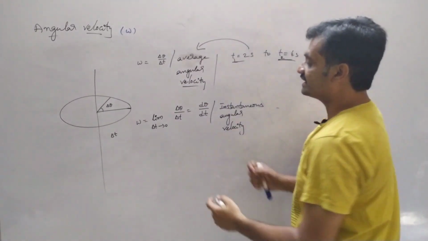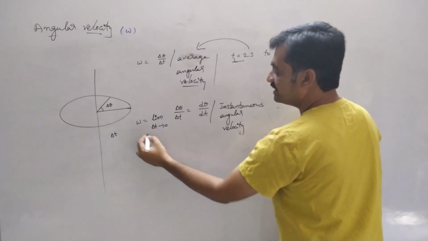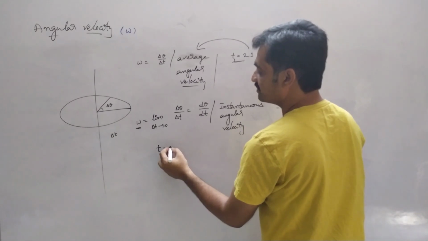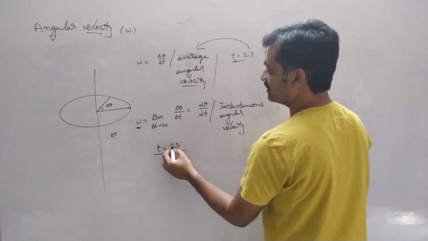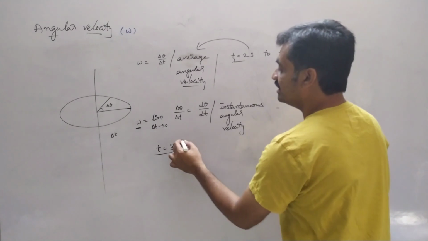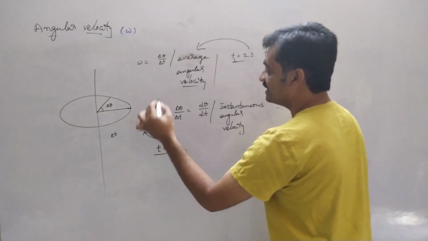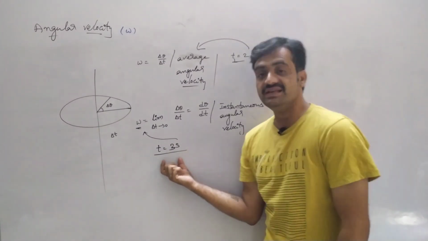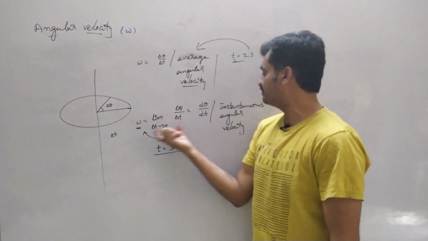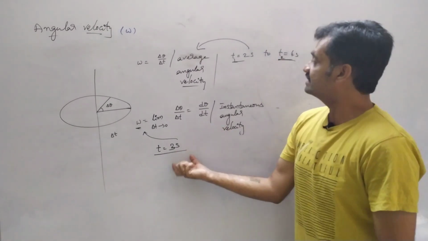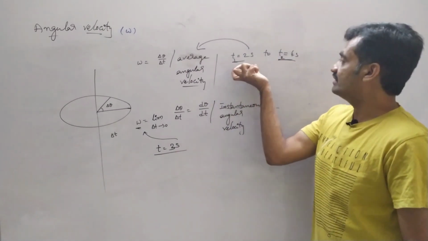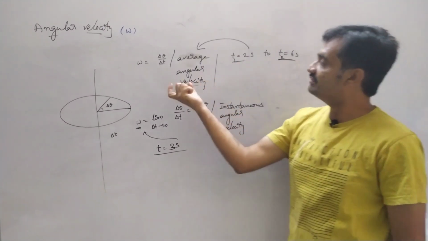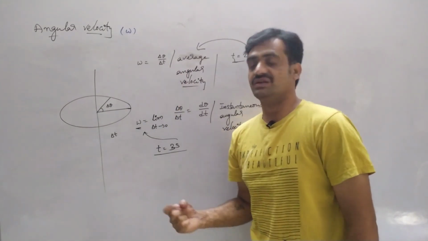Suppose a single time is given, for example find the angular velocity when the body is changing its angular displacement at t equals 2 seconds or t equals 3 seconds, then we use instantaneous angular velocity. Once again, if a single time is given, it is instantaneous angular velocity, and if the body changes its angular displacement from t1 to t2, it is average angular velocity.